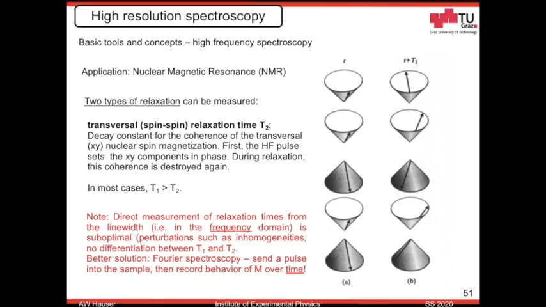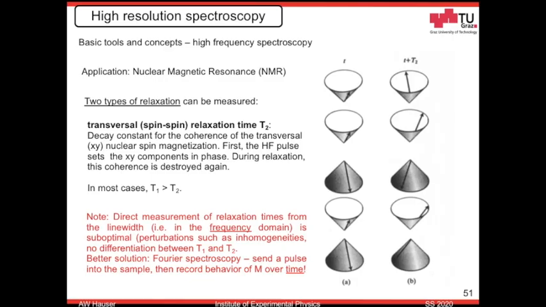And therefore, we will lose this coherent situation, and the time for this is the relaxation time T2. Typically T2 is much shorter than T1. It depends on the material and also on the phase, if it's in solid phase or if it's a liquid. So these are the differences here.